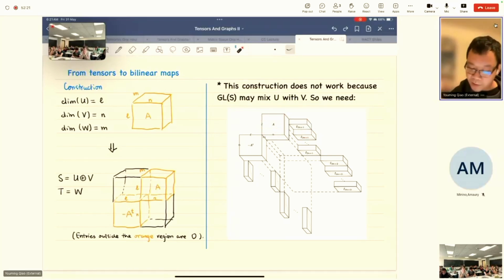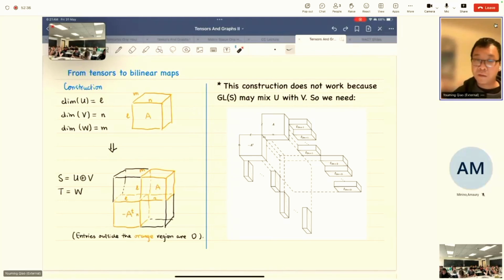The identity slices here are of size 2n plus 1 by 2n plus 1. Then for the slices from the U side, you add identity matrices of size 4n plus 2 by 4n plus 2.